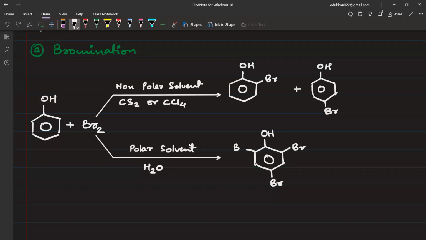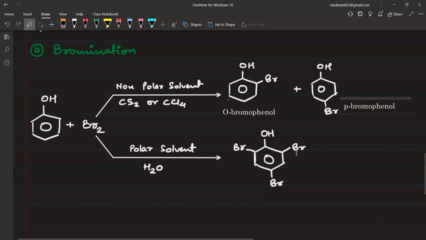Br and Br. Now, the compound here, it is known as O-bromophenol. And this is known as P-bromophenol. What about this one? This is known as 2,4,6, and you will be having tribromo.